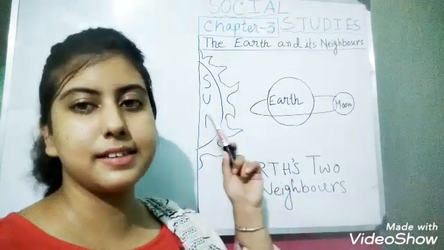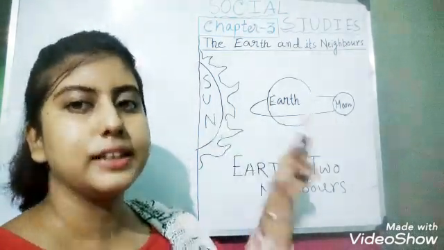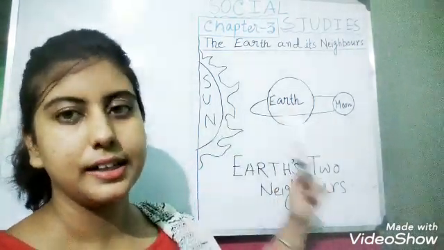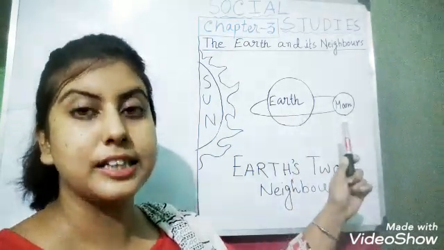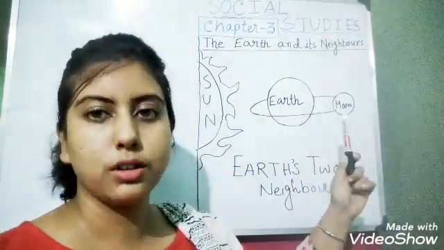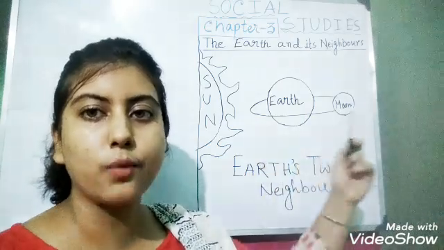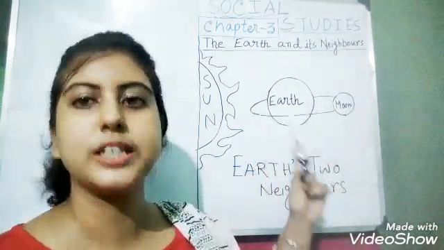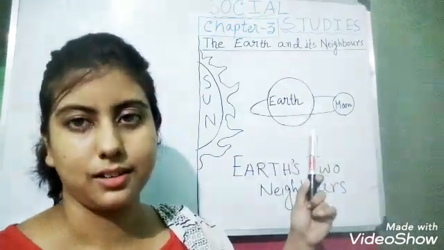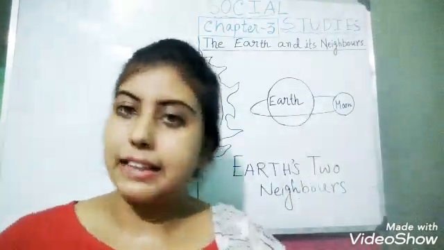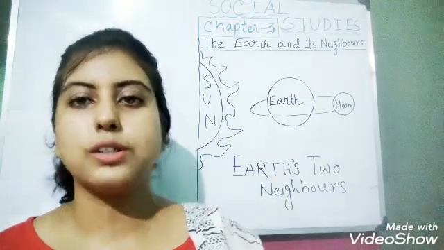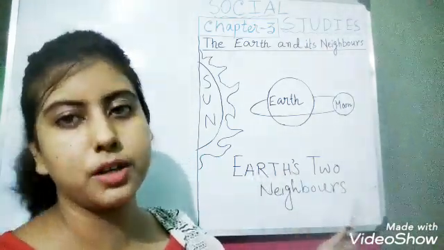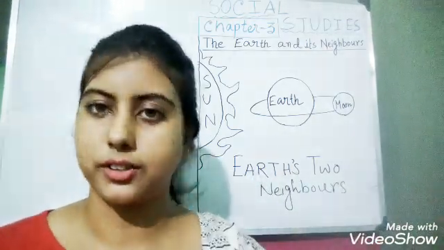So, this is the sun, then we have the earth and we have the moon. The moon revolves around the earth and the earth revolves around the sun. So, let's know about these two neighbors of our earth.